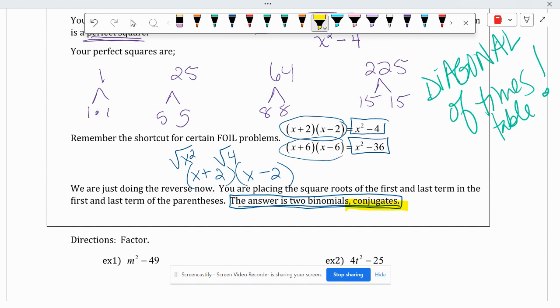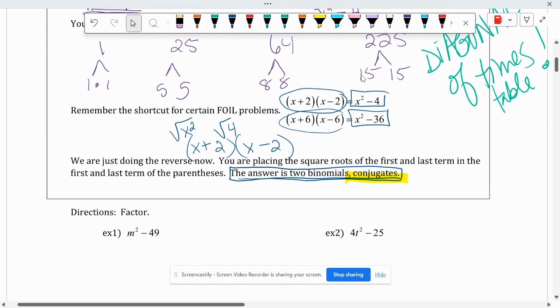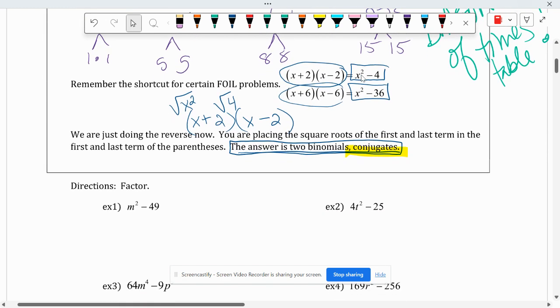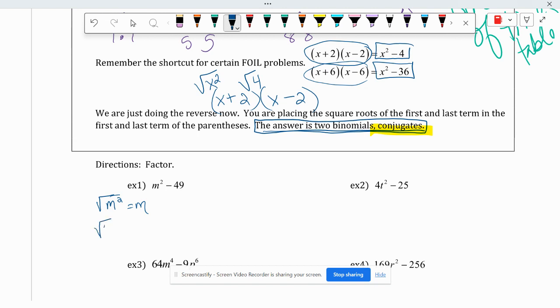So we're going to use this idea of taking the square root, since they're perfect squares, of both the front and the back of our two terms. So let's see. What is the square root of m squared? It's m. And what is the square root of 49? It's 7.